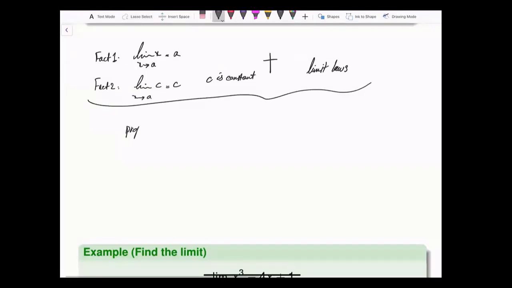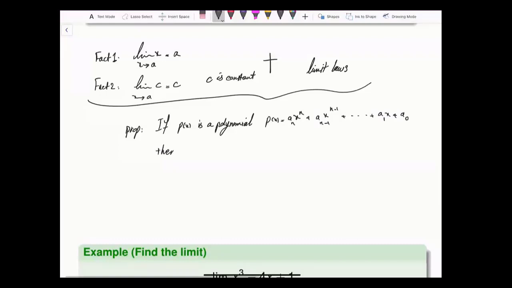One is, when you're trying to find the limit of a polynomial, if p(x) is a polynomial, meaning that it is of a form like this, where we have some powers of x plus some other powers of x, each one multiplied by a constant, and this goes up to a1x plus a0.